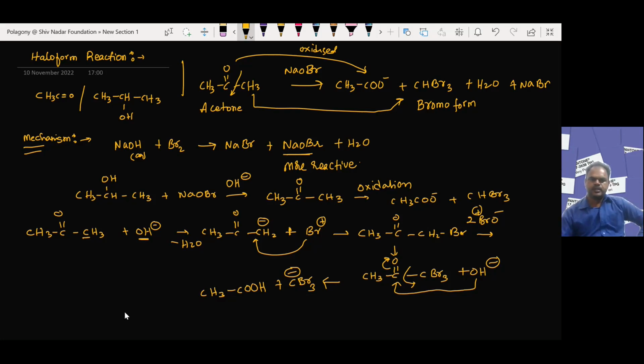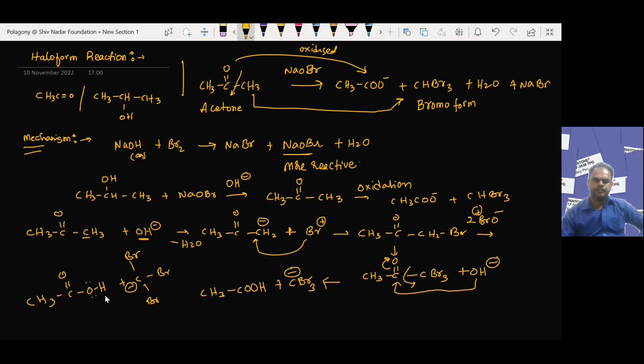Then in the next step, the carboxylic acid CH3C=OOH loses a proton to CBr3 minus. Now this carbon is halogenated and has a negative charge.